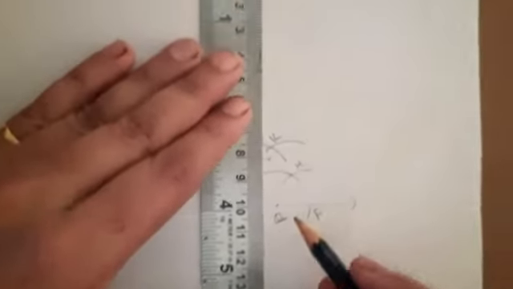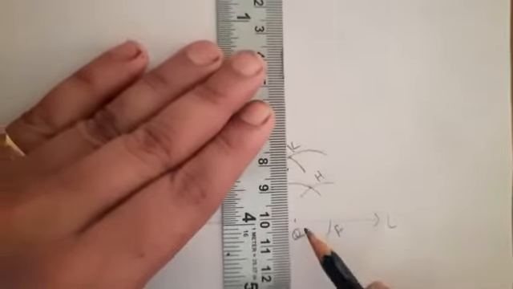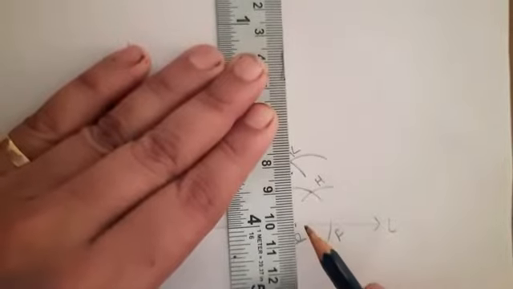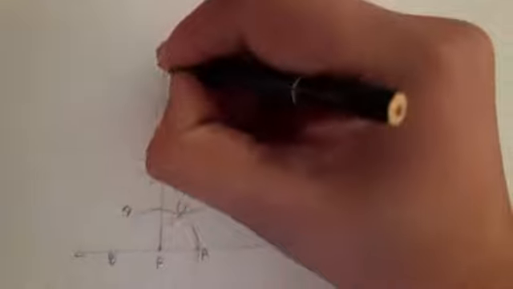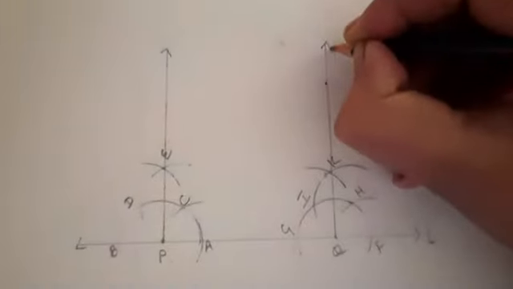The same way now you join QK and extend it, arrow mark, put on both sides.